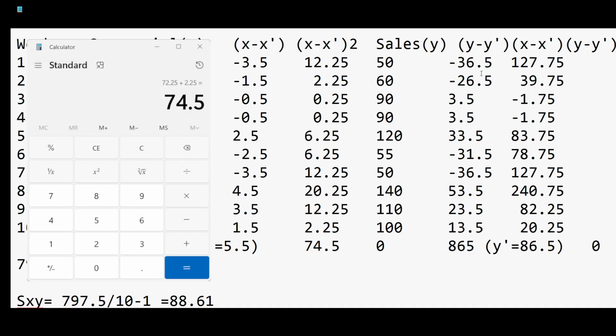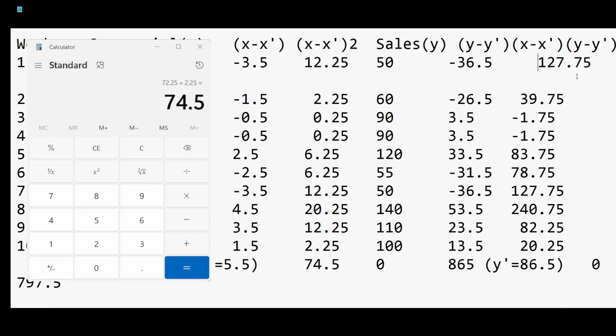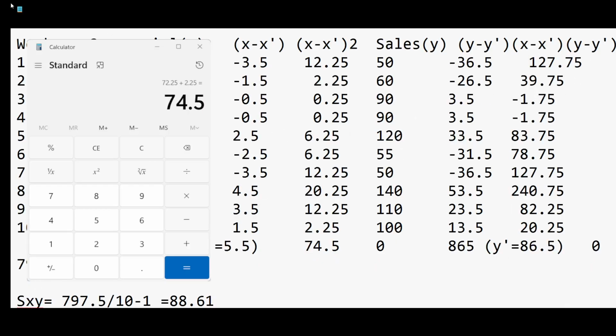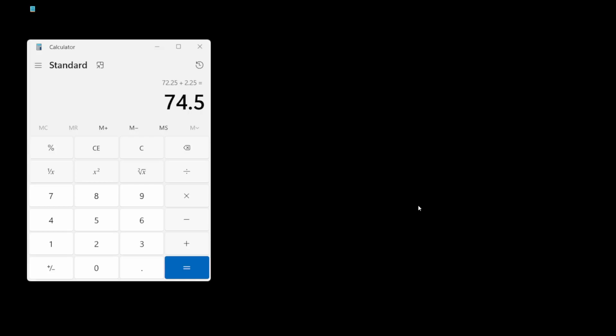And then we also need to compute for the y squared. So where are we going to put that? Let's try to change our view, our setting.